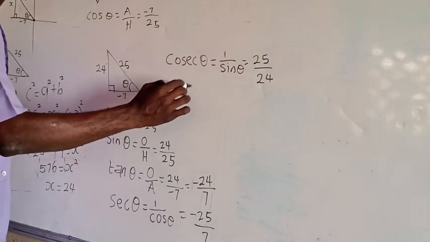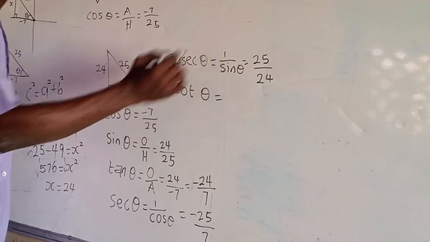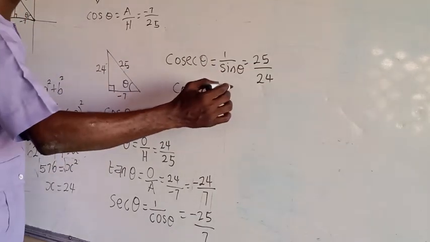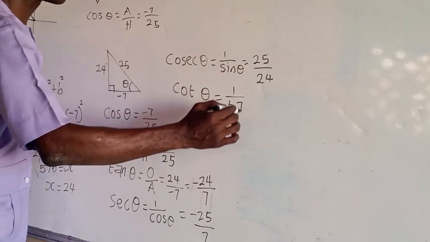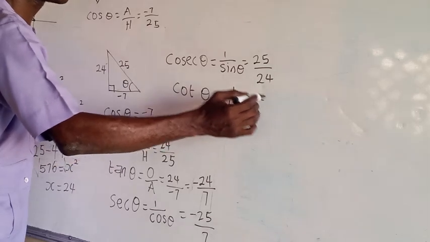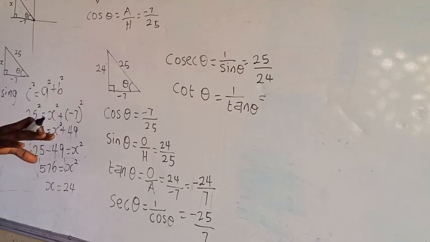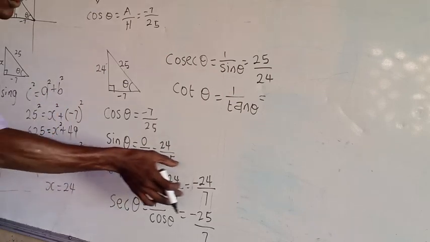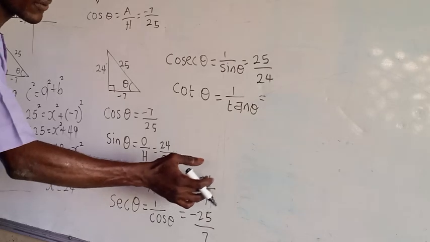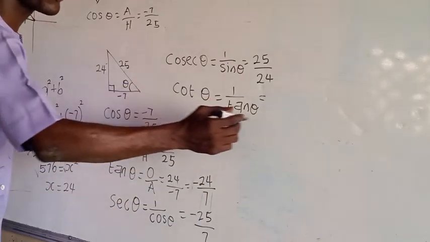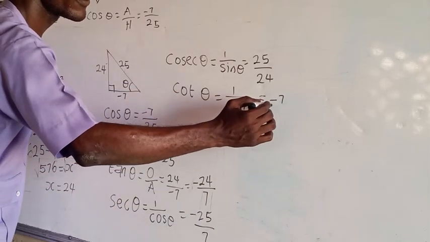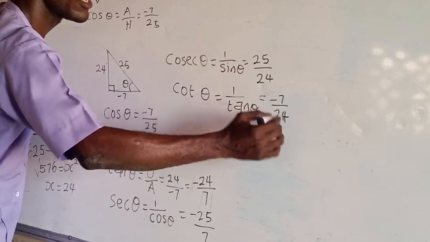Then the last but not the least trigonometric function is cot theta. And our cot theta is actually 1 over tan theta. Remember, 1 over tan theta simply means the inverse of tan theta. This is our tan theta. What do we get for our tan theta? We got minus 24 over 7. Then cot theta will just be minus 7 over 24.